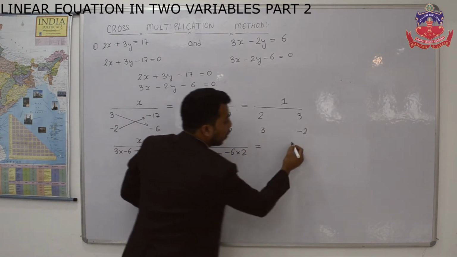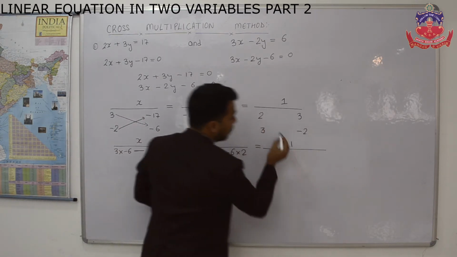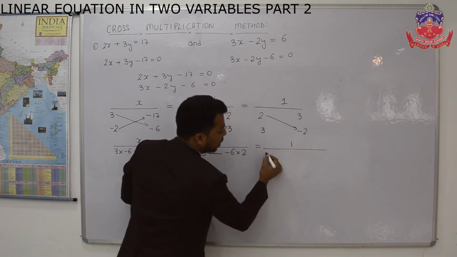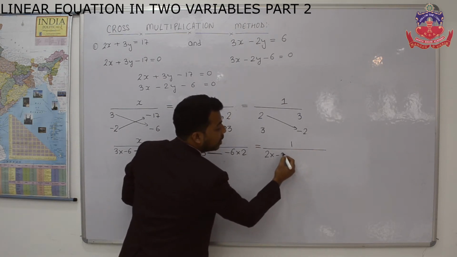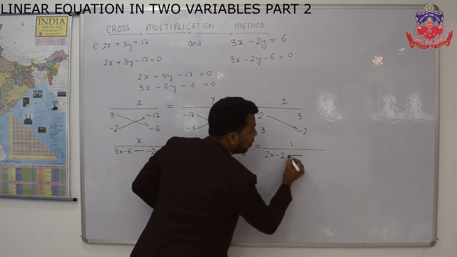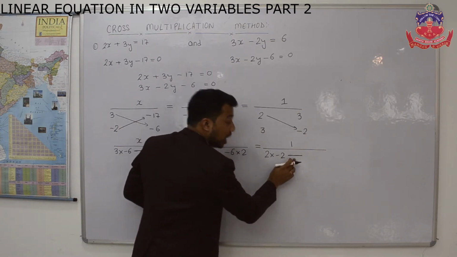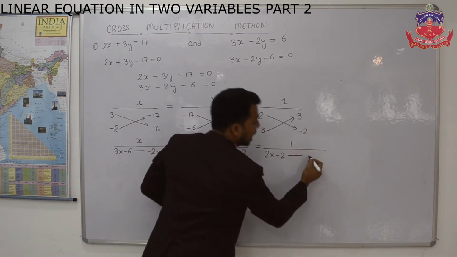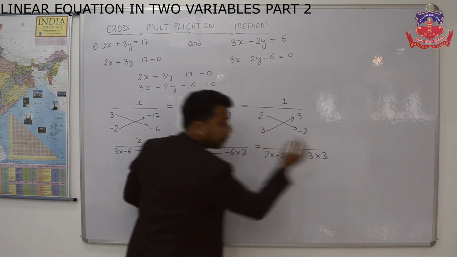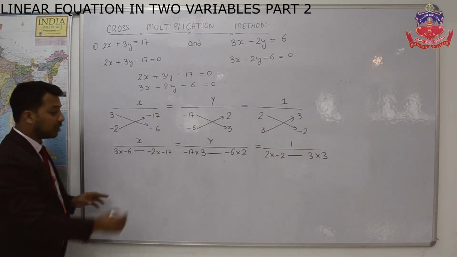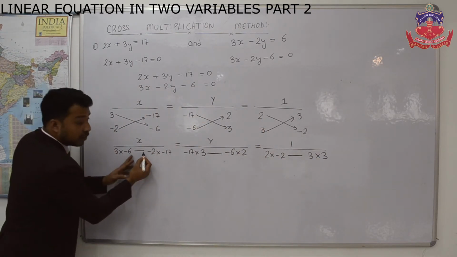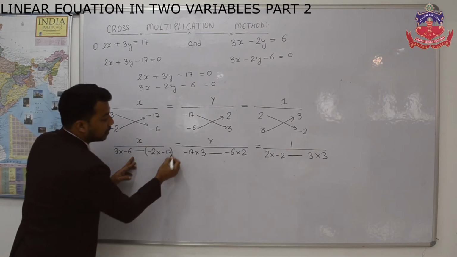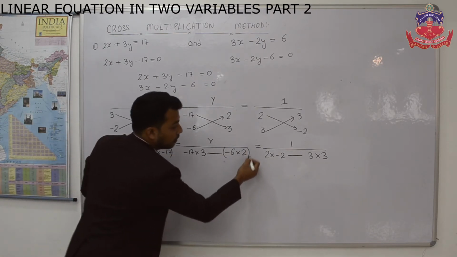Equals to 1 divided by, multiply this 2, that is 2 into minus 2. Followed by a bigger minus sign, which is for the formula. Then you multiply with this 2, that is 3 into 3. Once you have done this, if you wish, after the formula minus, you can put a bracket so that you do not get confused.